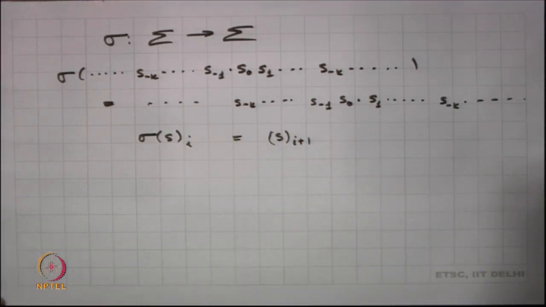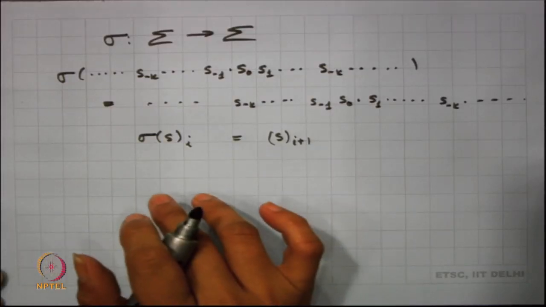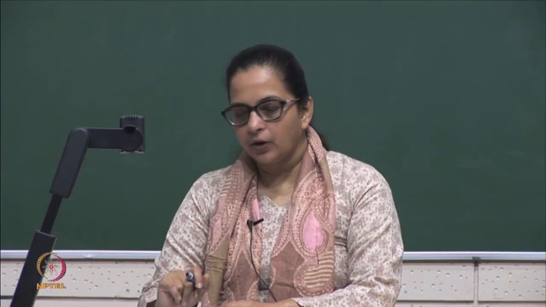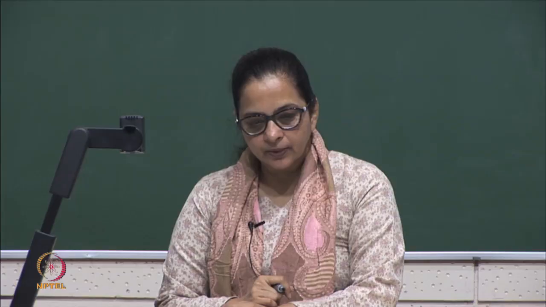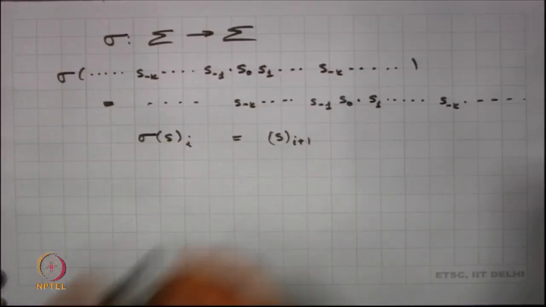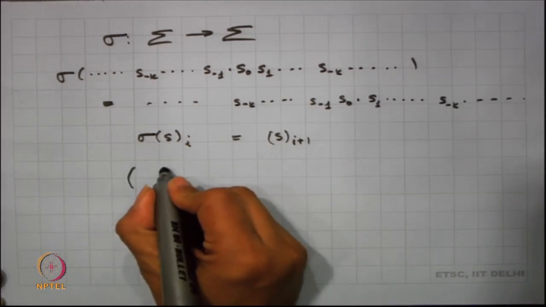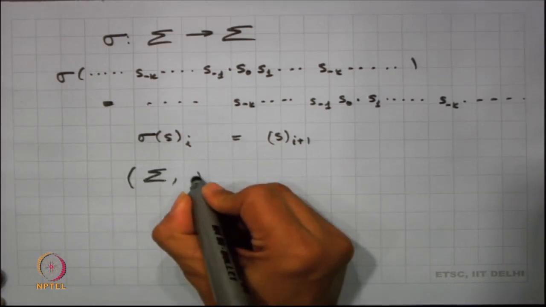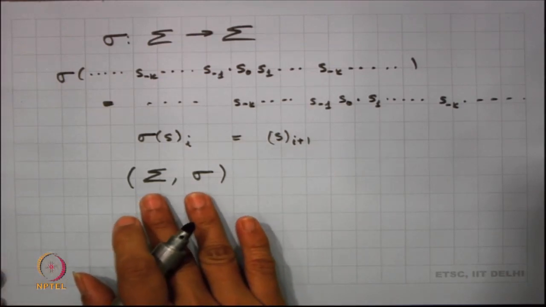This is the shift map defined on sigma, and it is very easy to see that it is a continuous mapping on the space of sequences.